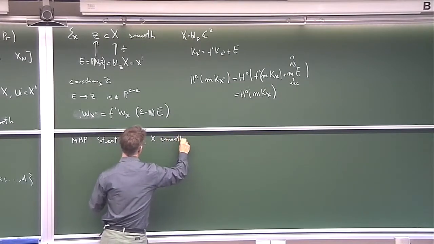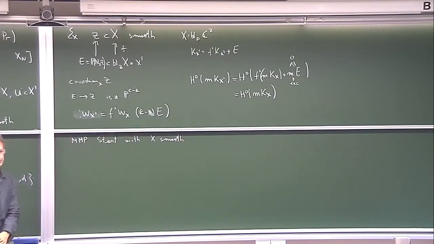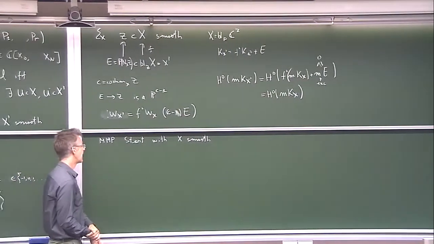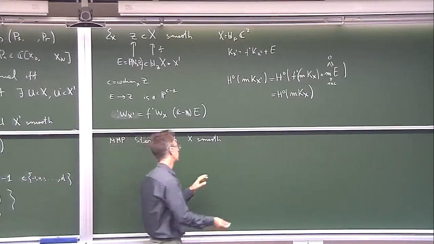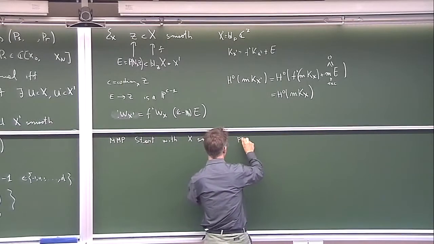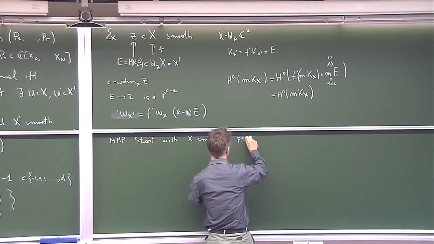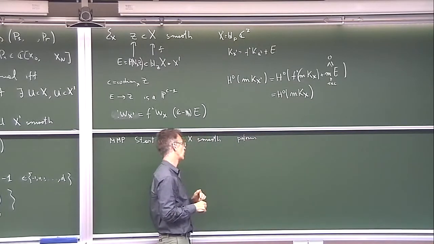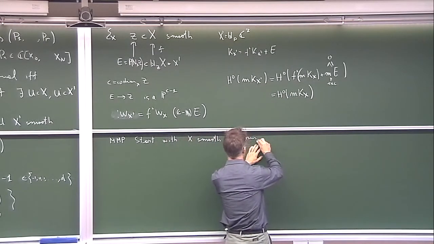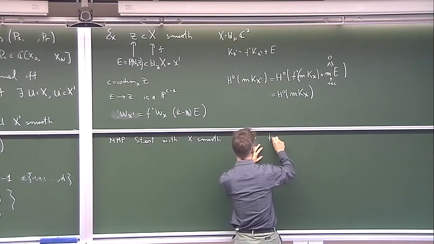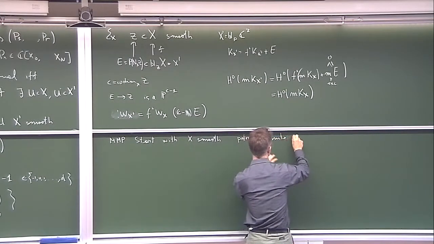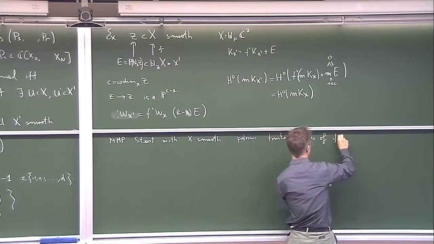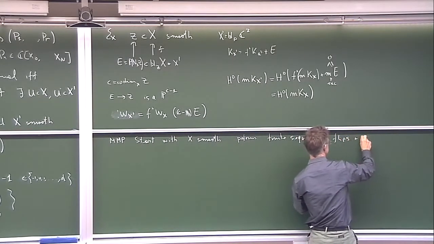By Hironaka's theorem, you can always pick a smooth projective birational model, and then we perform a finite sequence of hopefully well understood elementary operations, which are called flips and divisorial contractions.